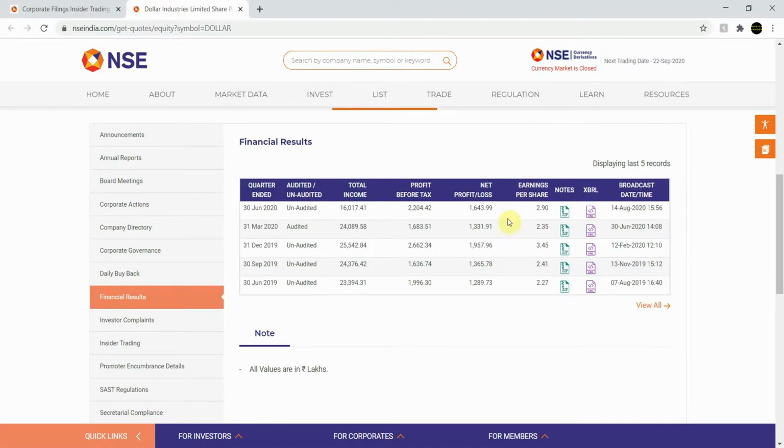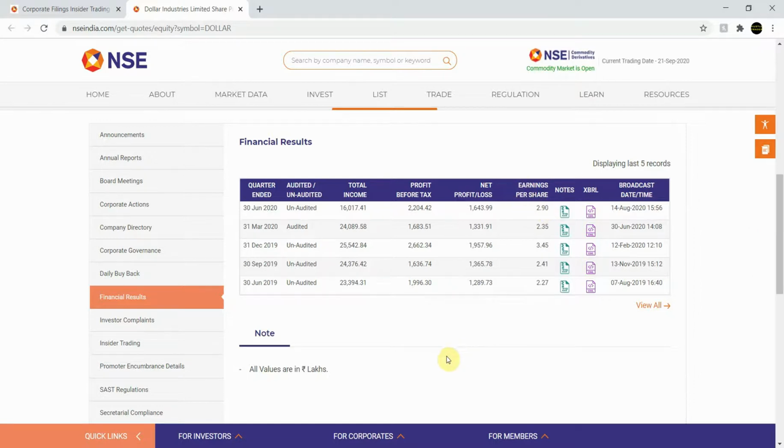As per my rule, the earnings per share should be at least 0, or a positive number. It can be a very small positive number, but the condition is that it should be positive. Again, this is an optional criterion. If you want to ignore it, you can, but if you are a conservative investor, then I would suggest that you take the earnings per share into consideration.